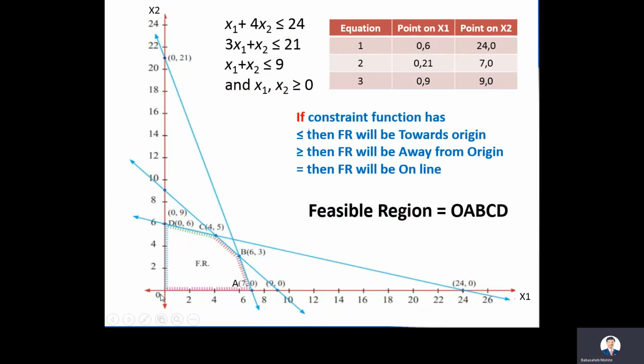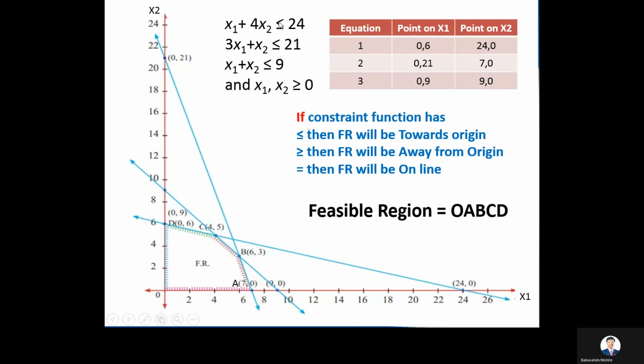Origin is nothing but this point. That feasible region is towards this side, or we can say below the line. If the constraint function contains less than equal to sign, then your feasible region is toward the origin or below the line.